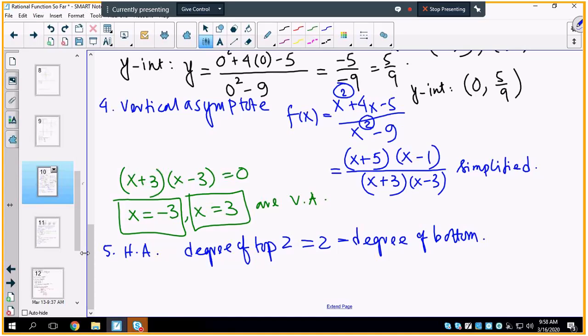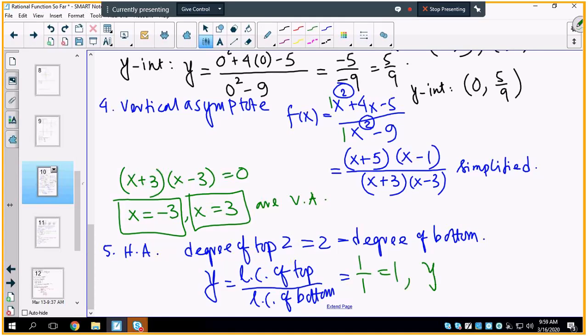It means y equals the leading coefficient of the top over the leading coefficient of the bottom is the horizontal asymptote, which is going to be, well, if I think of the leading coefficients, both of them are 1. So it's 1 over 1, which is 1. So I go ahead and say that y equals 1 is the horizontal asymptote.